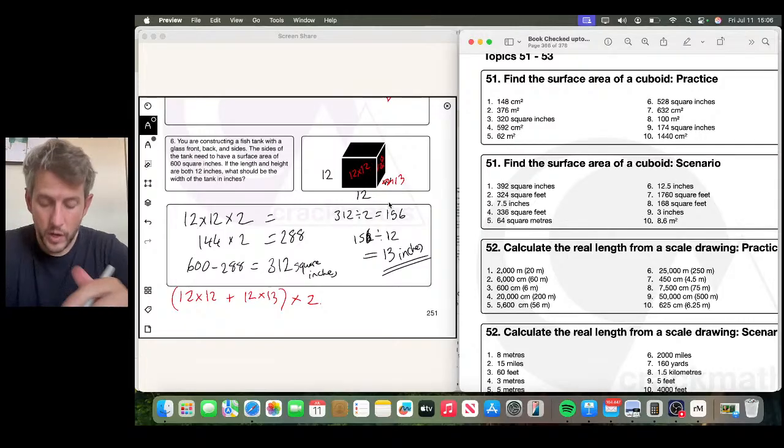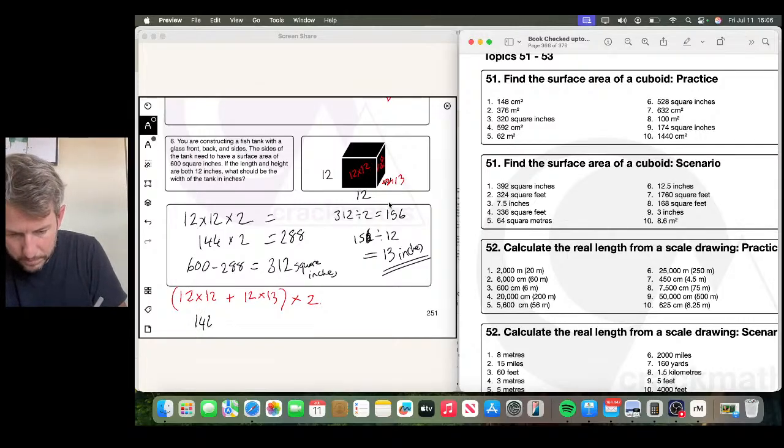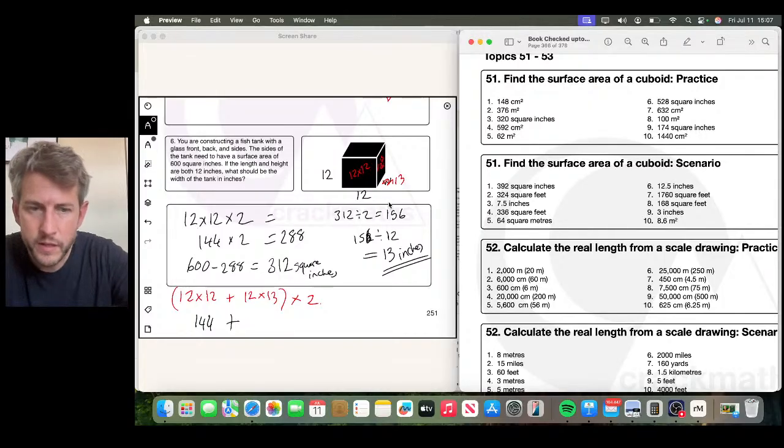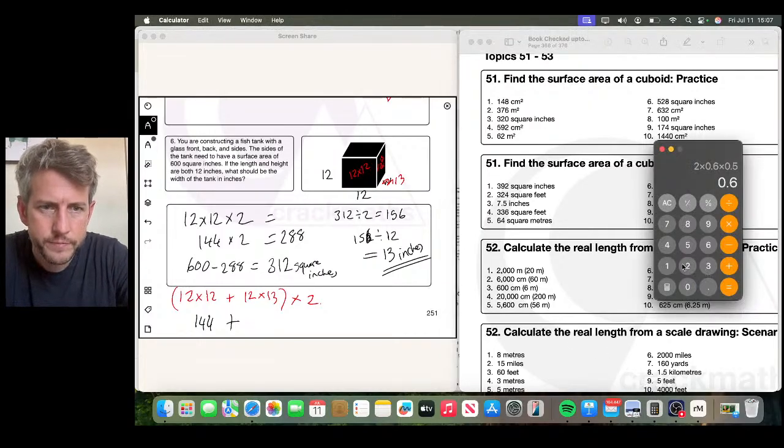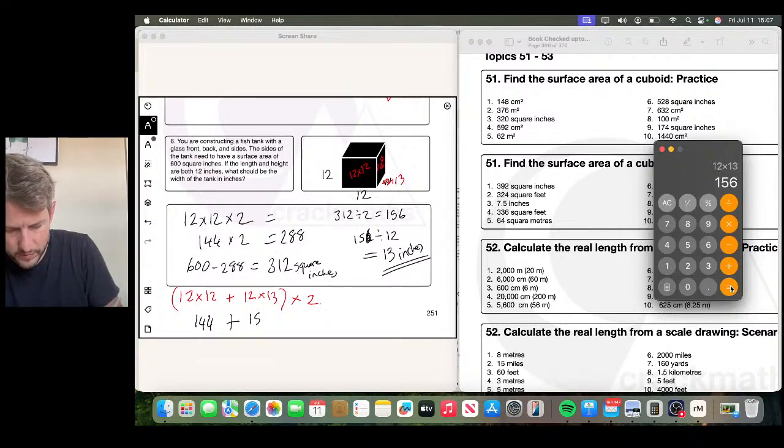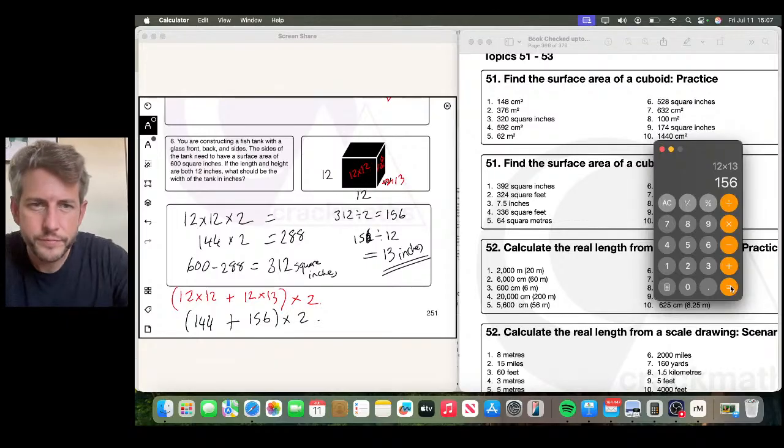So 12 times 12 is 144. And then we've got plus 12 times 13, which is 156. And then we want to times that by 2.